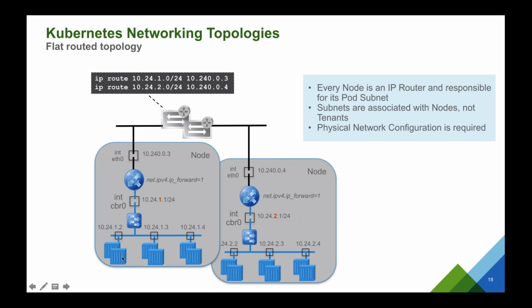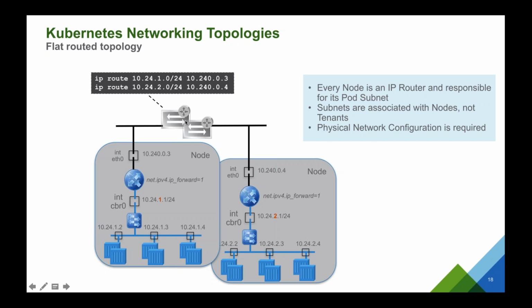So if this pod wants to talk to another pod on another node, it needs to somehow exit that node and needs to be routed by either the physical network or whatever the underlying network is, which might also be an IaaS network, like could be NSX again. So the underlying network needs to know which subnet is on what node.